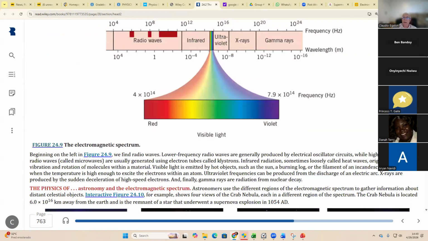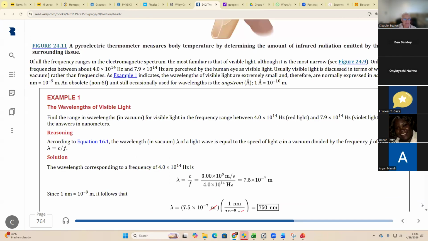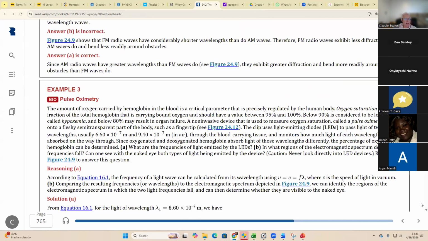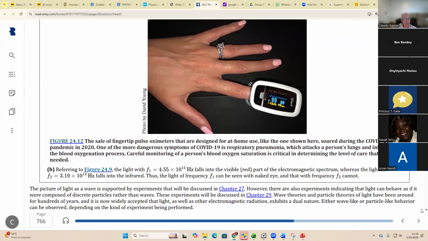It has all the numerical values for the wavelengths and the frequency. And pulse oximetry, that's the device. Very simple device, by the way. And the other is the infrared.